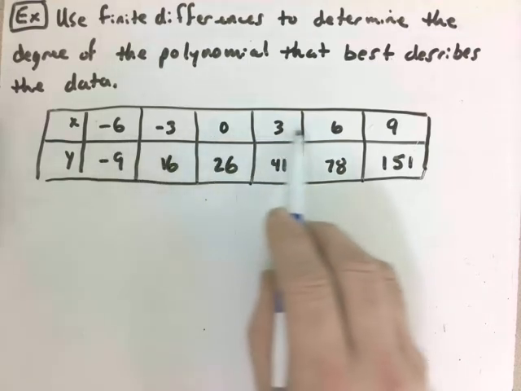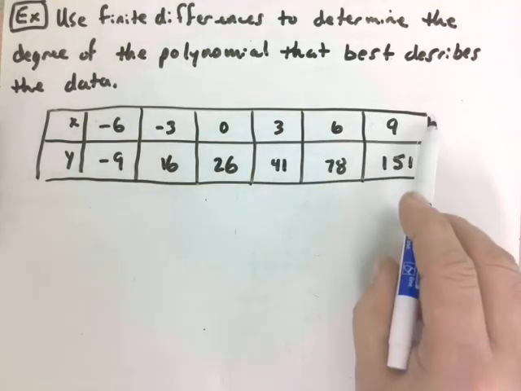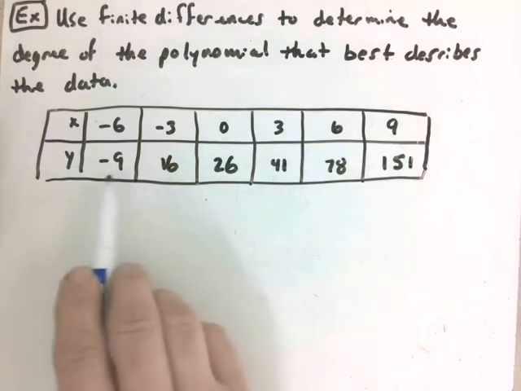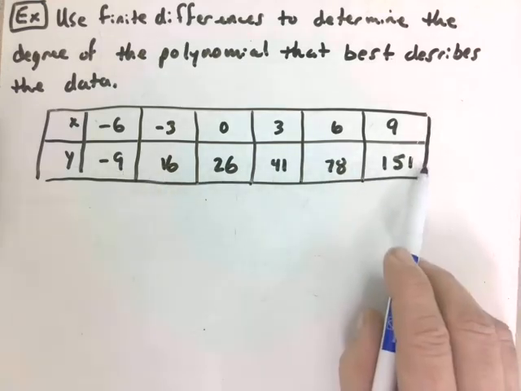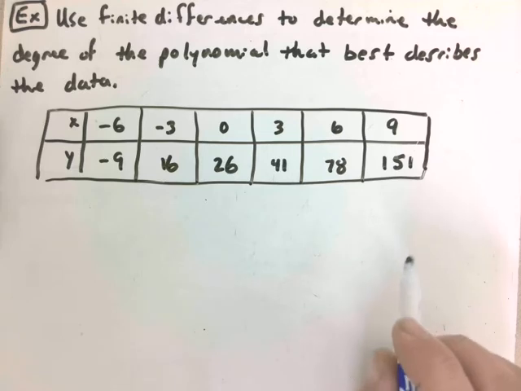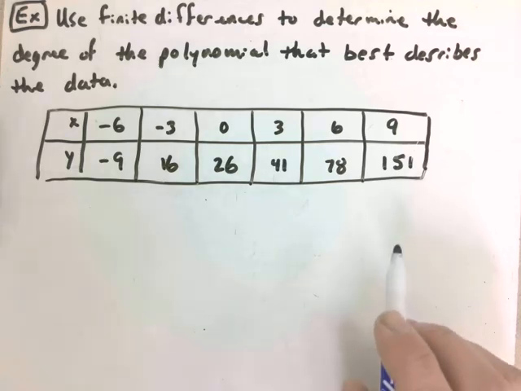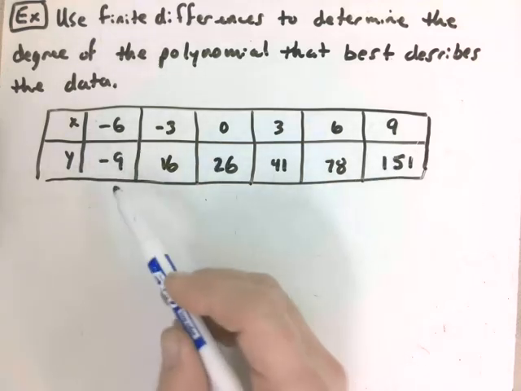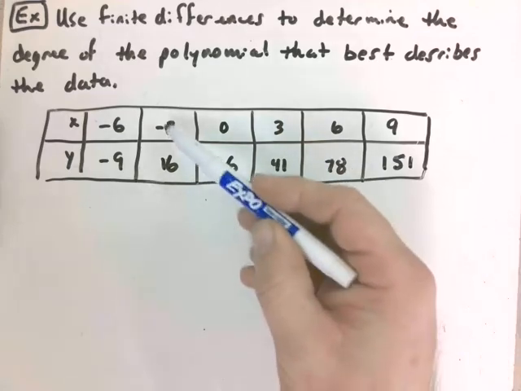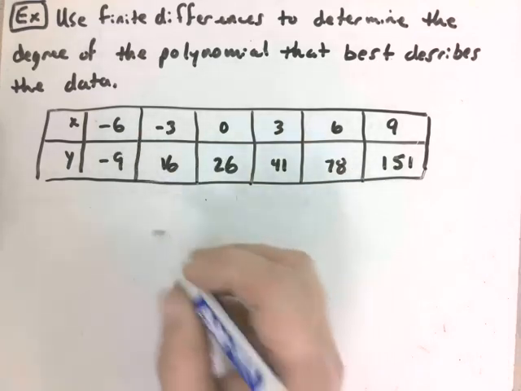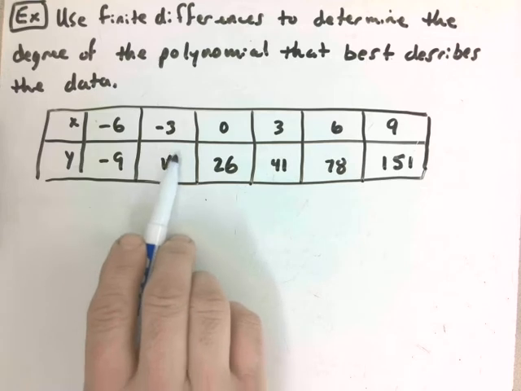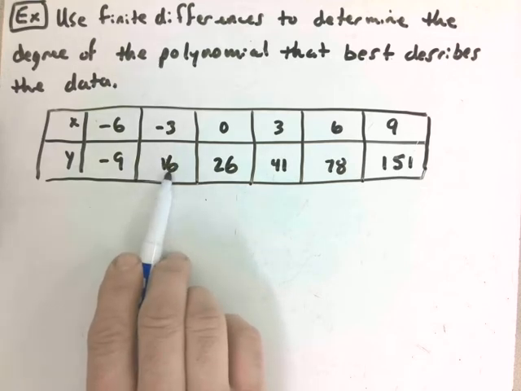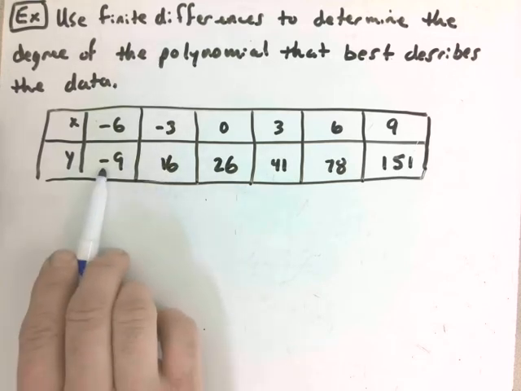Our x values are in order from smallest to largest. The y values happen to also be in order from smallest to largest, but that isn't always the case. Then we look at these corresponding y values and simply subtract them. So you always take a number in your y values and subtract the one right in front of it.